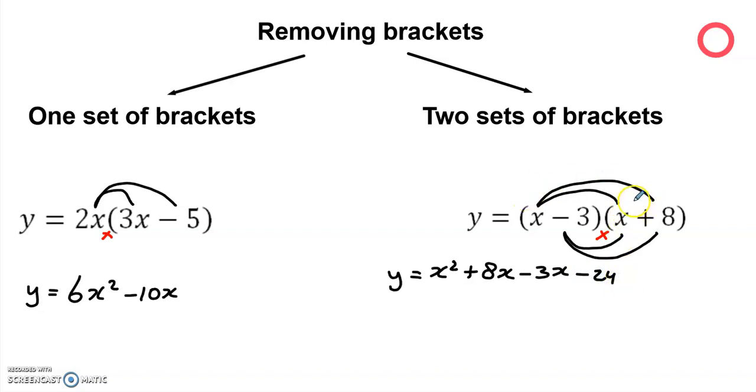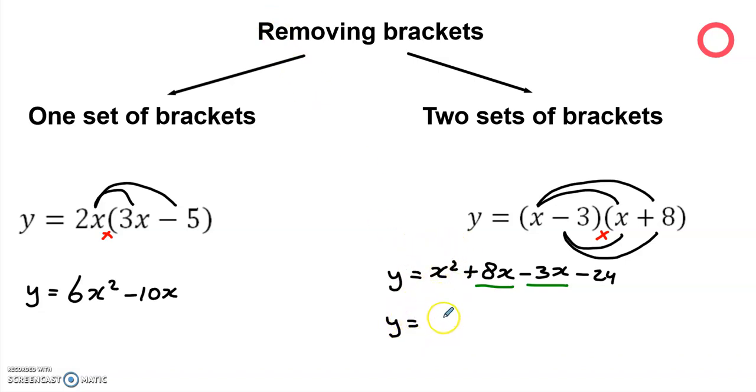So the brackets are removed, but always take a good look if you can shorten this formula. Do we have like terms? And there are like terms, because this one has a variable x, and that one too. So this formula can be written down a bit shorter.